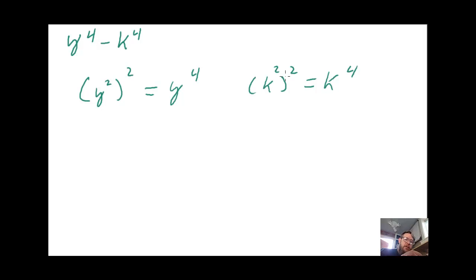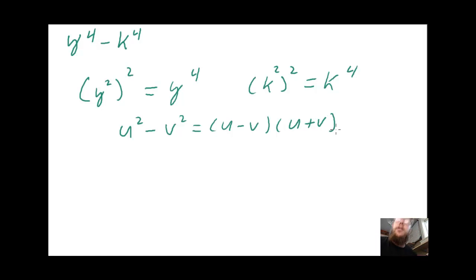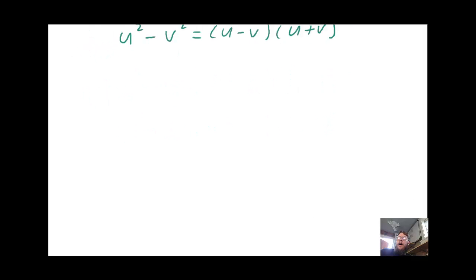This first step allows us to rewrite our expression in terms of the difference of two squares formula. And this formula is extremely useful in this case for us to factor the polynomial.